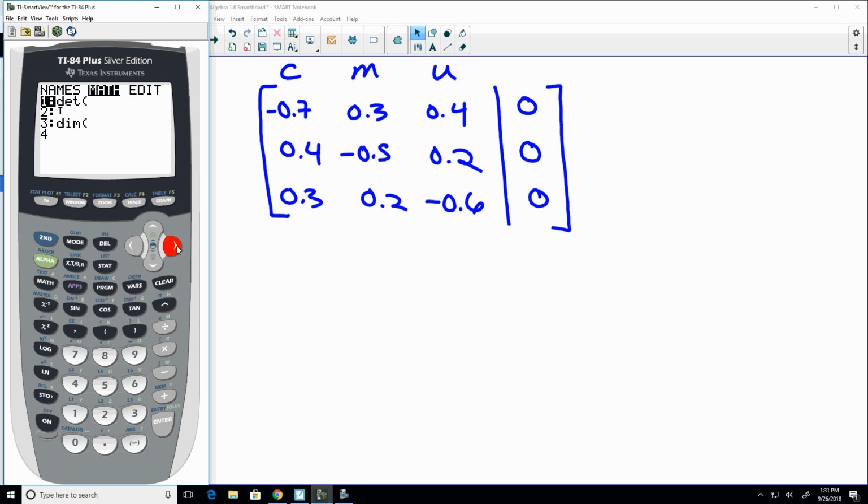All right, I'm going to pick a different matrix. Let's call it B. It's 3 by 4.